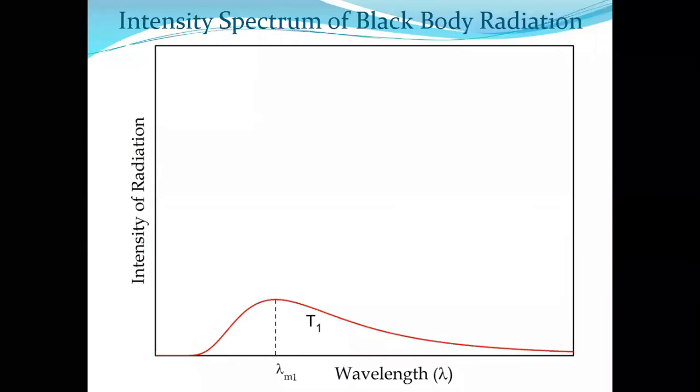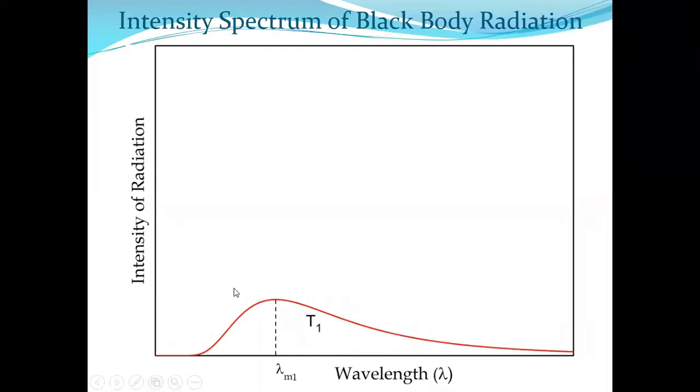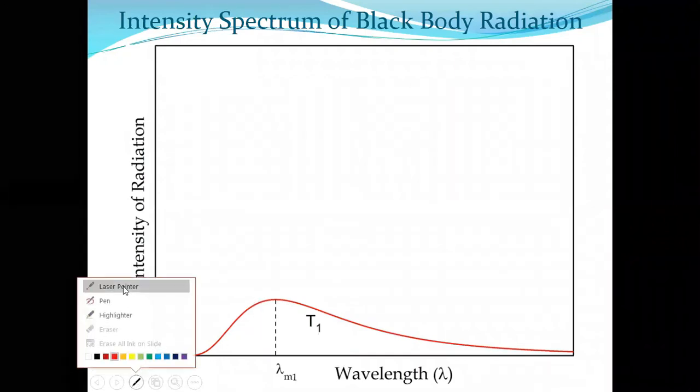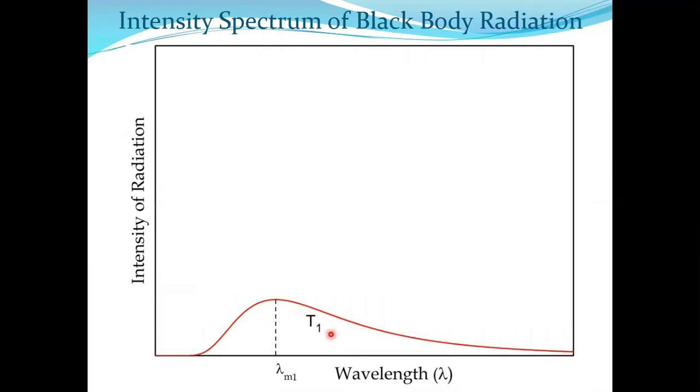And emissive power, we have observed, is dependent on the temperature of the body which is emitting the radiation, and it also depends on the wavelength of radiation. So here we are observing at a particular temperature T1.